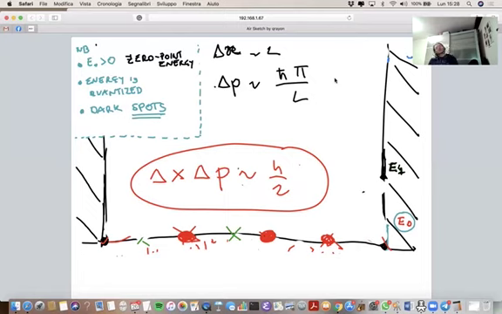Now, I can never squeeze this minimal uncertainty by performing better experiments. It's something intrinsic in the mathematical description of quantum mechanics. But we know cases in which you can squeeze either x or p indefinitely.